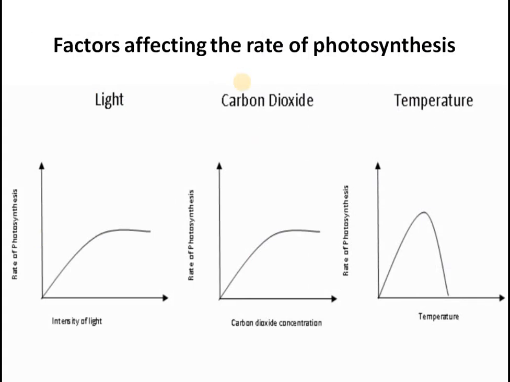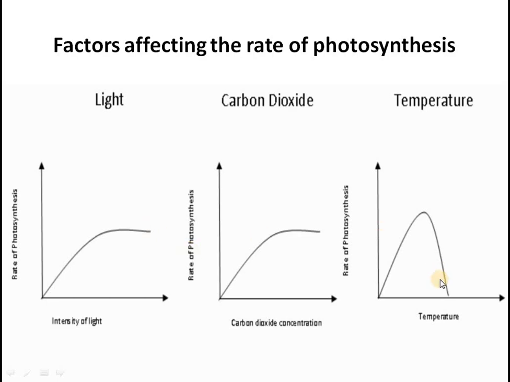This is the summary of the factors that affect the rate of photosynthesis. We have light, carbon dioxide, and temperature. Light I told you in today's lesson, and I also explained carbon dioxide concentration. Both the graphs are similar. Both show that the rate of photosynthesis increases and gets flattened or becomes constant after a certain point.